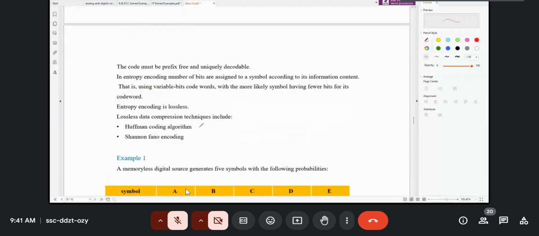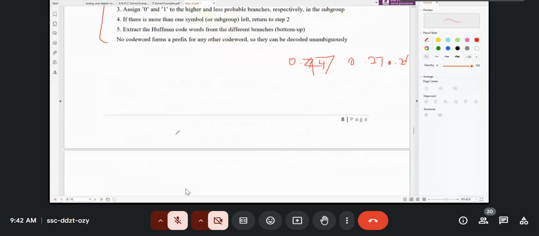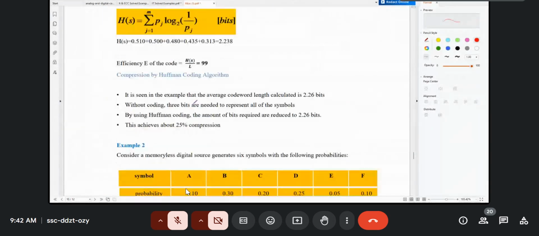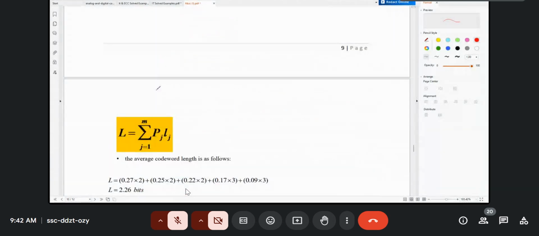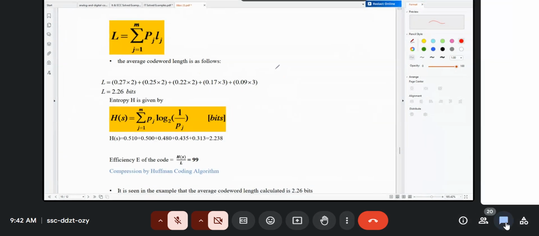So, any questions? I was thinking we stop there so that the next time we are going to look at the code efficiency, how you find out the code efficiency. We also find out about something we have not talked about.